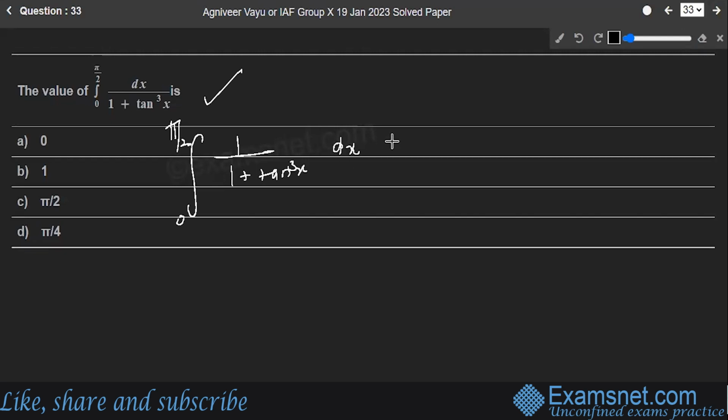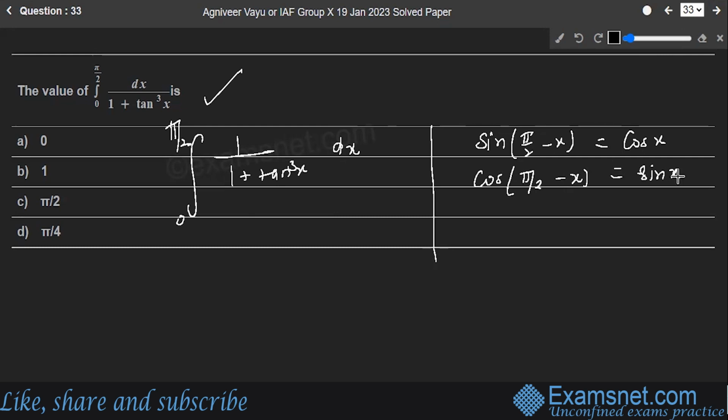Okay. In this question, first of all, I'll be using multiple formulas. Let's write down those ones. First thing, sine of pi by 2 minus x is equal to cos of x, and cos of pi by 2 minus x is equal to sine x.